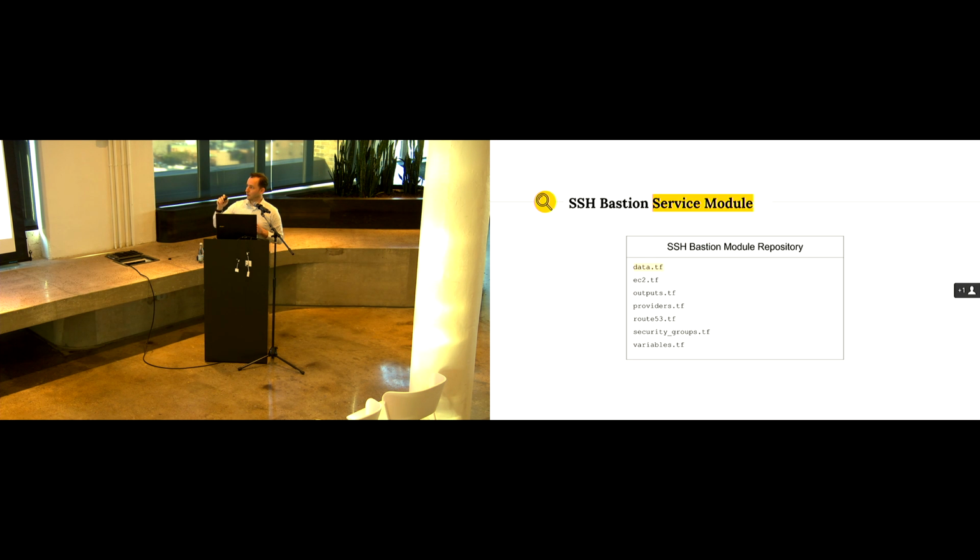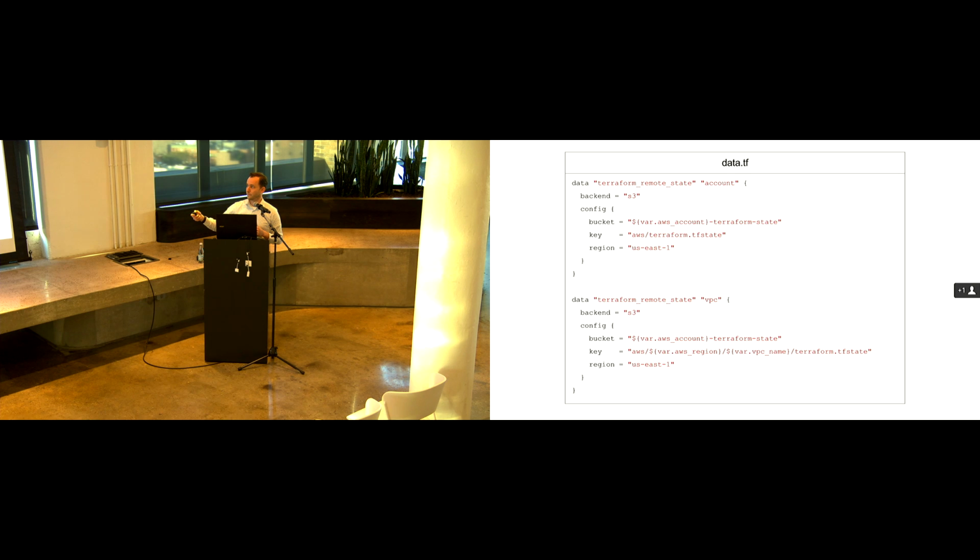So we're there. Here we're adding a data.tf file. This is where we're going to put the resource to hit our remote state data. If you take a look at the keys, we passed in the region, we passed in the VPC name. We also passed in the account for the bucket name.